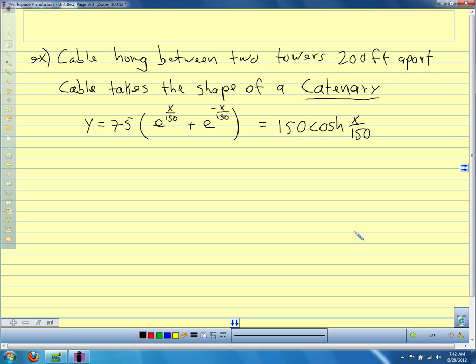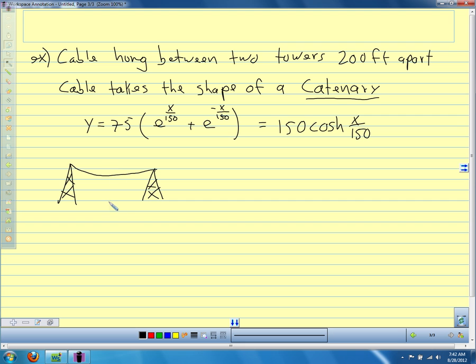So our cable hung between these towers takes a shape, and the 150 comes from the... If I draw this sketch really quickly, so here are our towers. If the cable hangs this way, these are 200 feet apart.